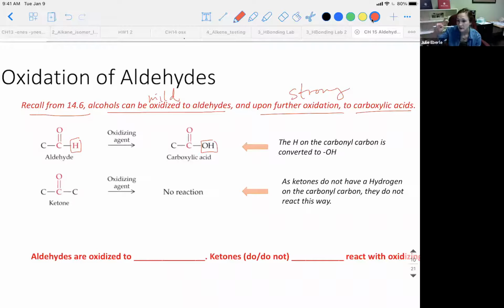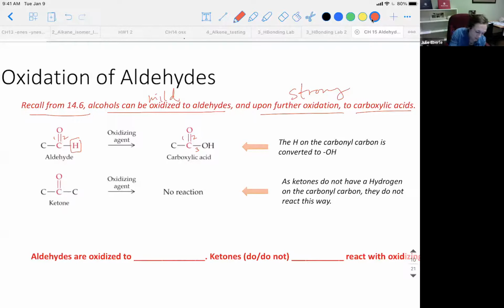It's a double bond, but that's two single bonds. Okay, 1, 2. Now, how many carbon oxygen bonds do we have on our carboxylic acid? We got 3. 1, 2, 3. Okay. So this is oxidation.